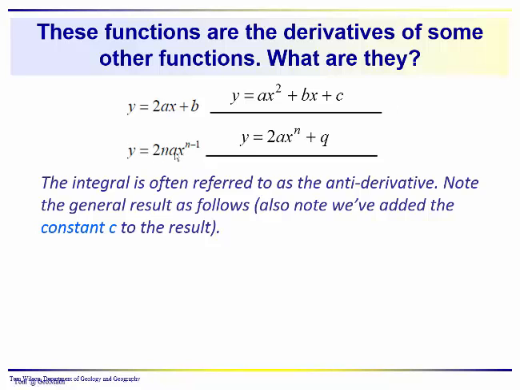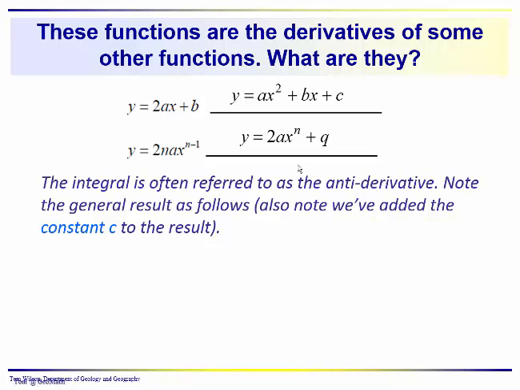The same for this function. We're just using the power rule in reverse. We increase the exponent by 1 to get n, and we take the n back out. So we know that if we differentiate 2ax to the n, we get a factor of n here, and we reduce the exponent by 1, we get n minus 1. But then we have to add some constant in there.